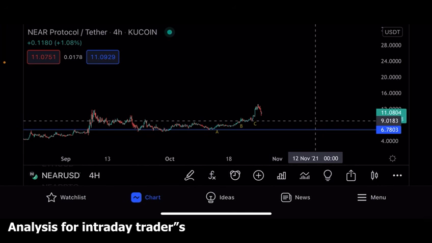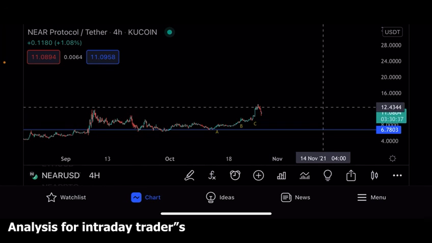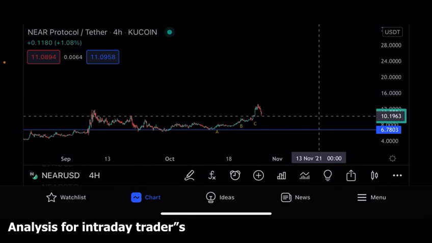Price should be coming for this other support, 8.9, and it should not break that point. That is what we should be expecting. For now, price should be going back upwards because it has gotten almost to the barest minimum of the new support zone. Price is currently at that point, so it's going to bounce off again and continue in the upward direction.